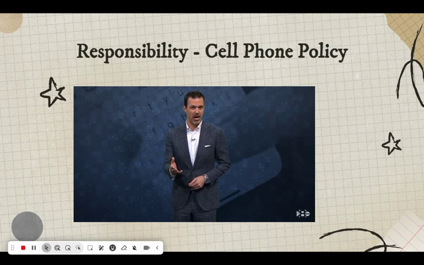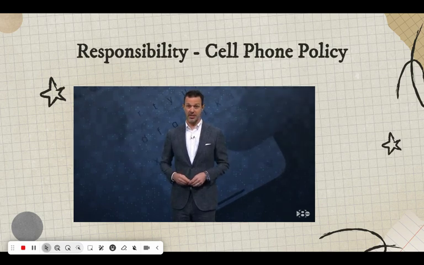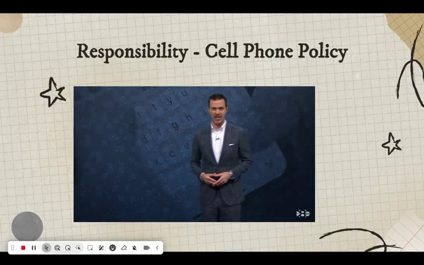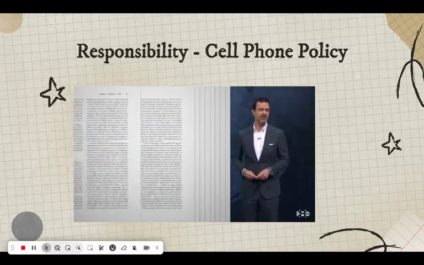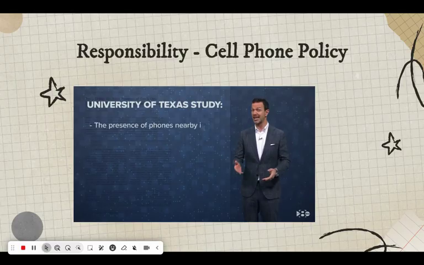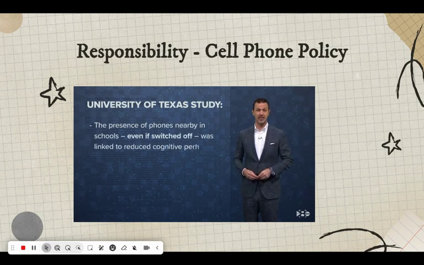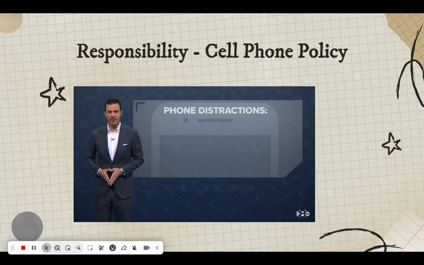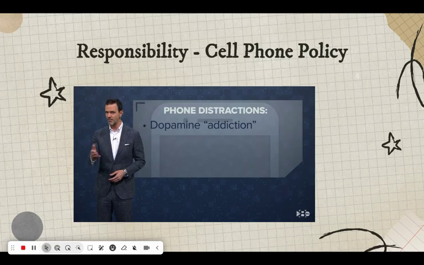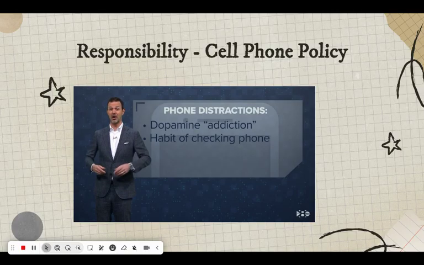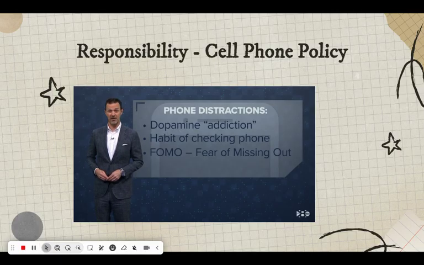Dr. Lori Cook with the Brain Performance Institute at UT Dallas says research backs it up, the idea that phones can be a big distraction at school. A University of Texas study found evidence that just having a phone nearby, like in a backpack, affected cognitive performance, even if the phone was switched off. Dr. Cook cites several reasons why, like the so-called dopamine addiction from a steady flow of messages and notifications, and the habit of just constantly checking our phones. And then there's FOMO, the fear of missing out on what's happening on our phones without us.